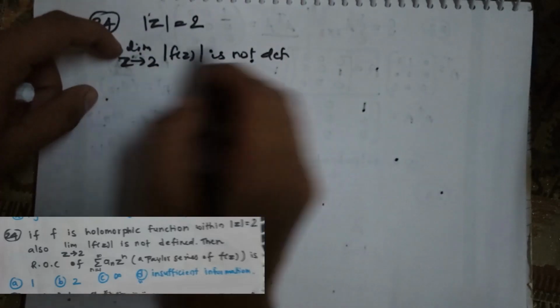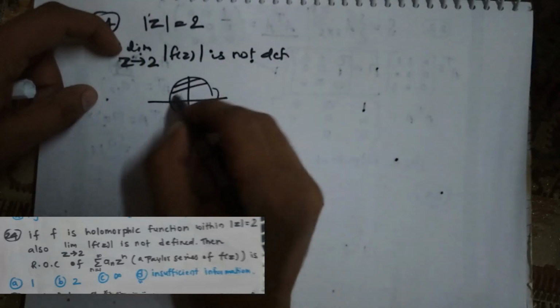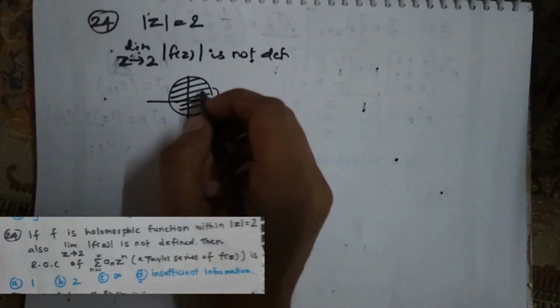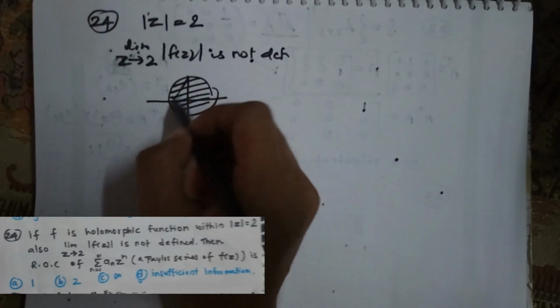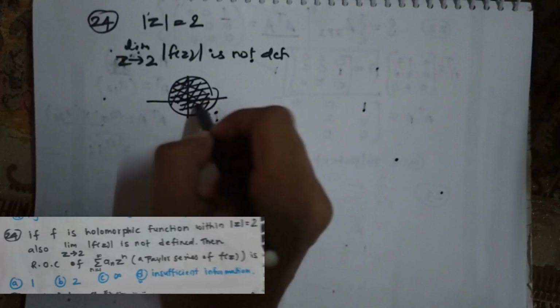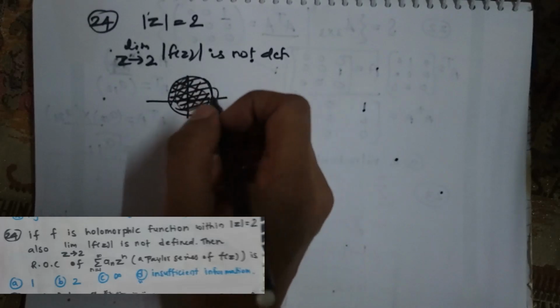What does this mean? See what they have given. We have a disk, and they are saying my function f of z is holomorphic within this disk. That means the Taylor series of this f of z will converge inside this disk of radius 2, and outside it will not converge. So what does that mean?